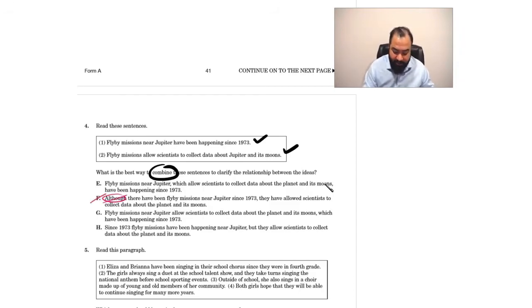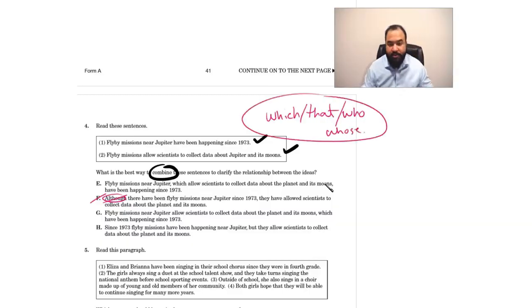Now G says flyby missions near Jupiter allow scientists to collect data about planet and its moon, which. As I said, guys, when you use the words which, that, who, whose, stuff like that, these words describe the noun right next to it. So you see "the planet and its moons, which," it sounds like the planet and its moons have been happening since 1973.